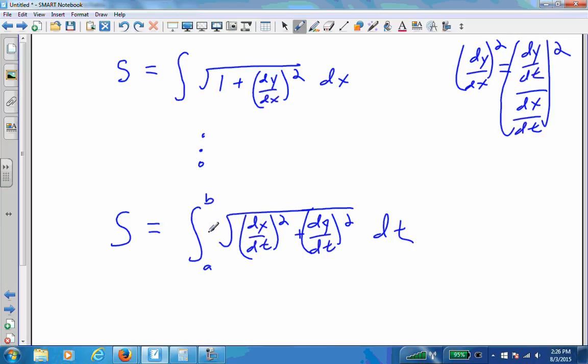So let's look at an example. Well, it basically comes from this: if we distribute through by dx over dt squared, then the dx over dt squared cancels out.